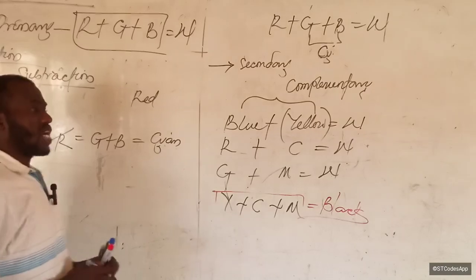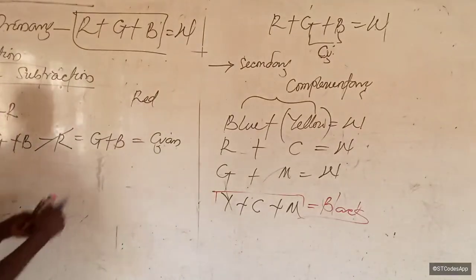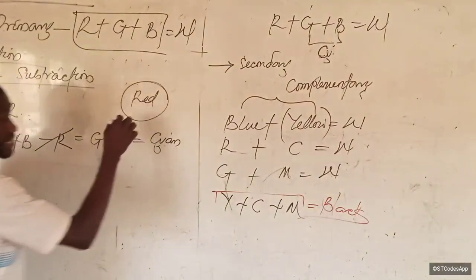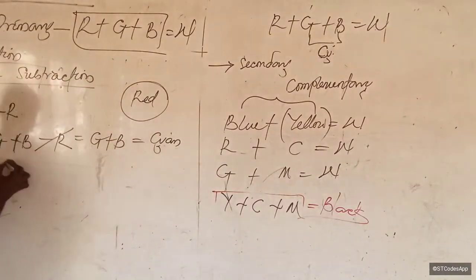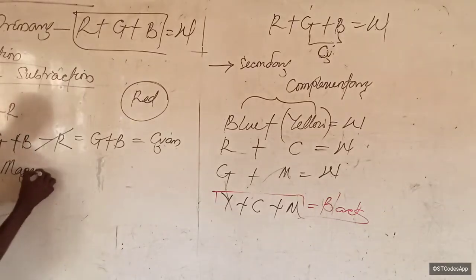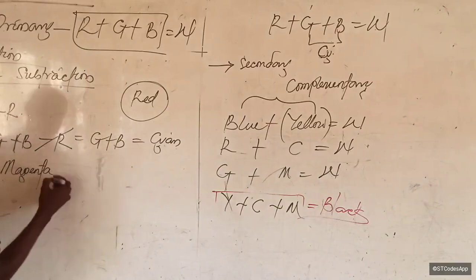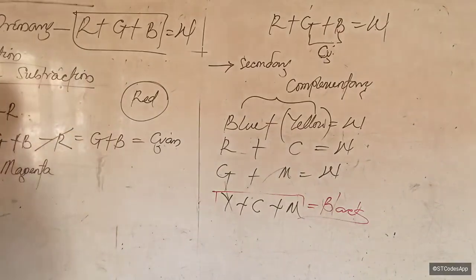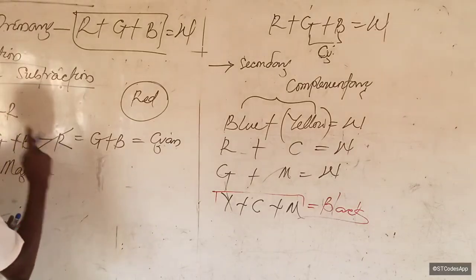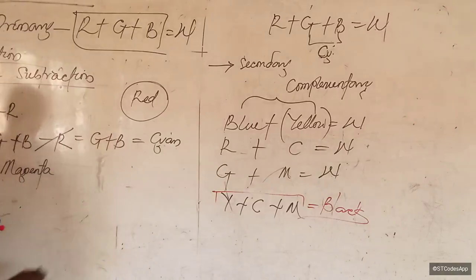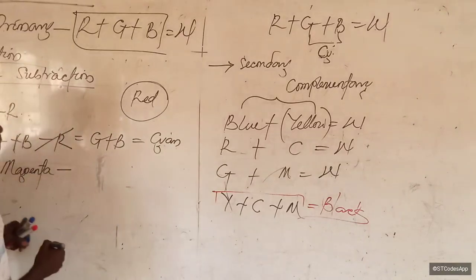What if on that same shirt that can absorb red, a magenta light is shown on it? First, how is magenta formed?